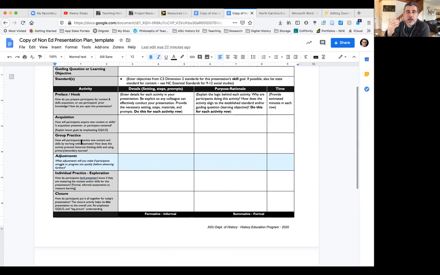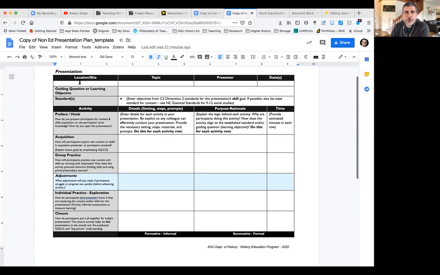Then, how would you get people, your audience, to work in groups? Now, that's going to be a little bit tricky because if you're in a museum or national park or historic site, some physical place, that's easy. You can break people up into groups. You can have them do specific elements working with this social media app. That, for example, if you decide to do something with an app, then that's easy.